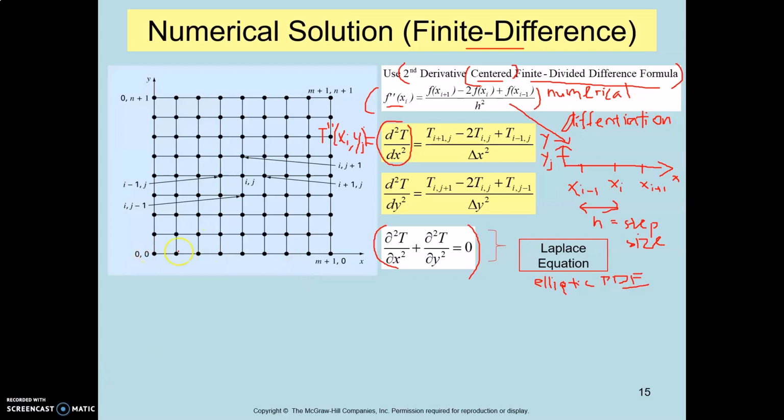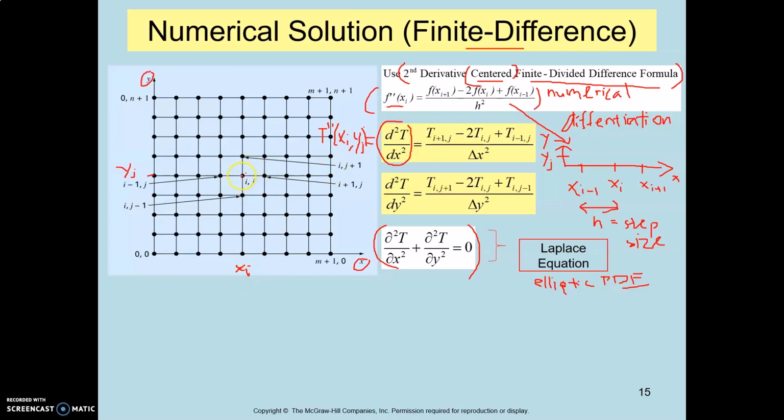For example, this is the x dimension and y axis here. So at this point, this is our yj. At this point, this is our xi. Here is our xi, yj.